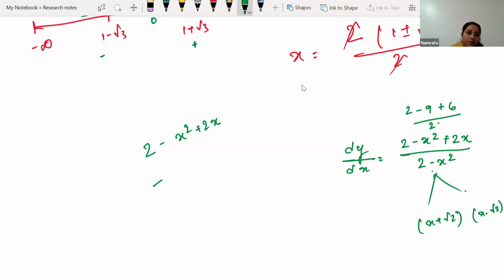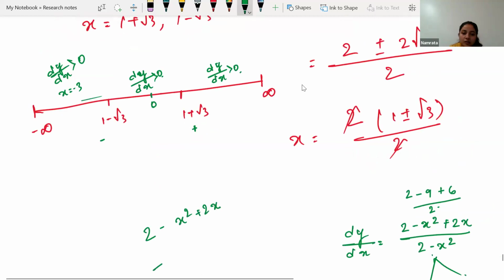The numerator is becoming negative in this range and positive in this range. If we take 4 as a test point, 4 squared is 16, 4 times 2 is 8, so 2 minus 16 plus 8, the numerator is becoming positive. No, it's negative in this range.